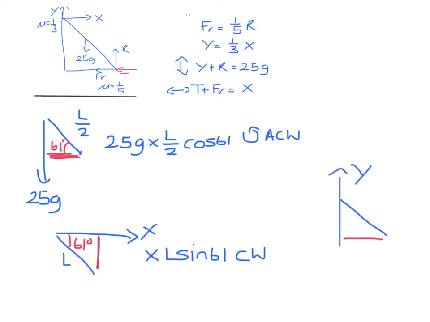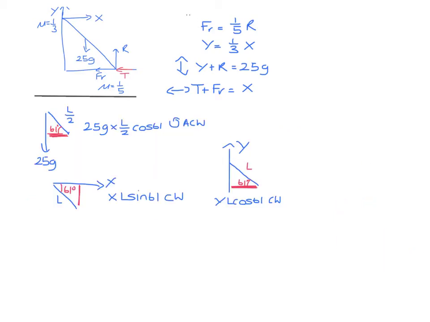I have to add the angle beside the angle, and we've gone L up the ladder again. So this moment is going to be Y times L cosine 61, and that is going to be also a clockwise moment. Combining those three gives me 25g times L/2 cosine 61 has to equal XL sine 61 plus YL cos 61.